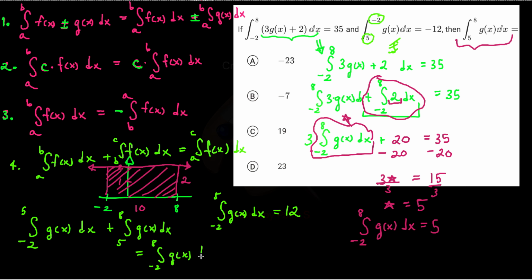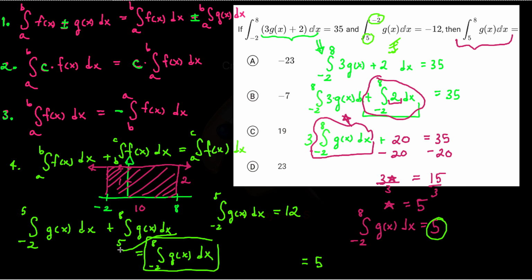Now I know what all these pieces are except for one. I know this here, I just found that out. That's 5. So I'm going to rewrite the equation over here. 5 equals.